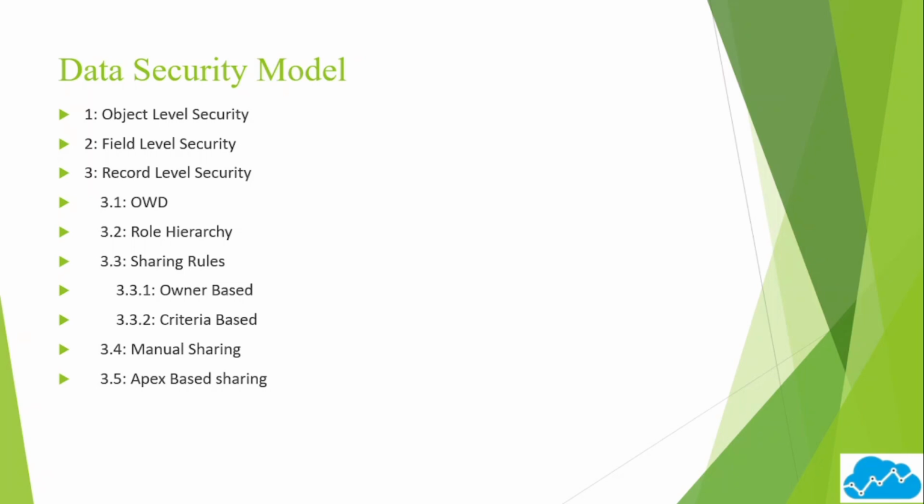Record level security is further divided into organization wide default, OWD, which is the baseline access. Next are role hierarchy, sharing rules, then manual sharing and Apex based sharing. All of this comes under record level security. In today's session we are going to see OWD and role hierarchy.